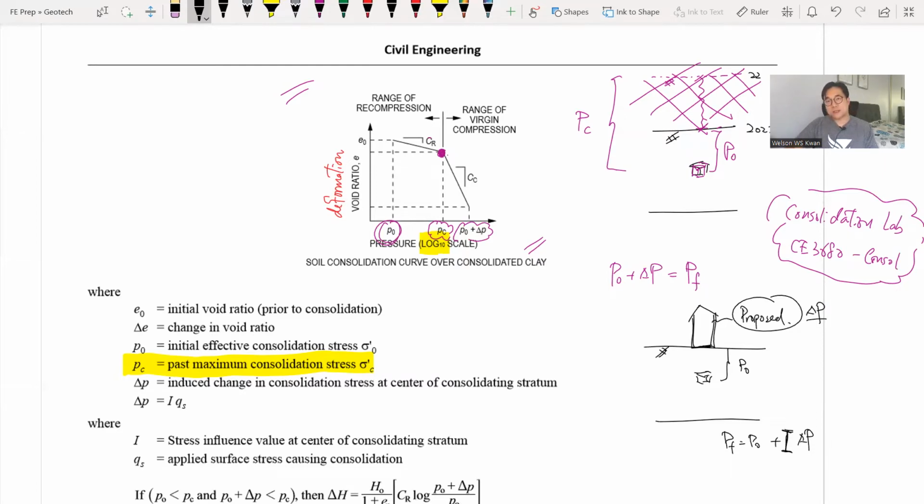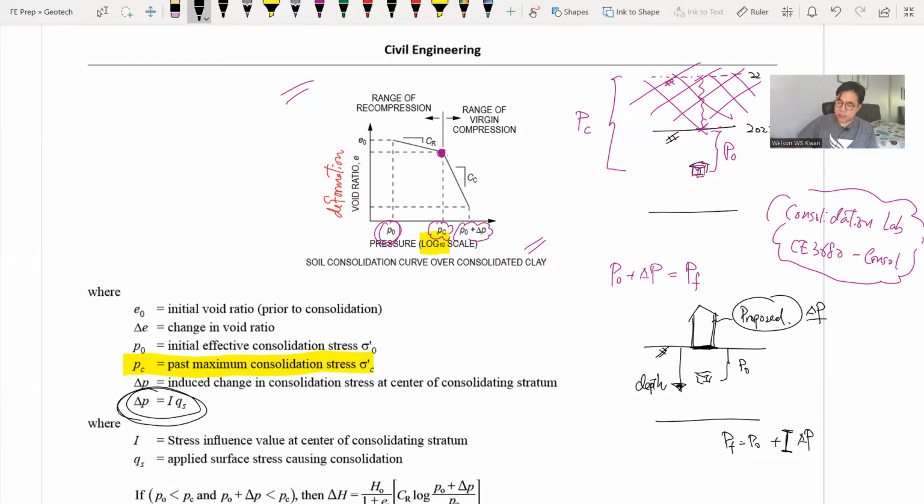The influence factors are there to correct for depth effects. The loading right on the ground surface is exactly the surcharge, but with increasing depth, the loading given from above the ground decreases, and that is taken care of by the I values right here.